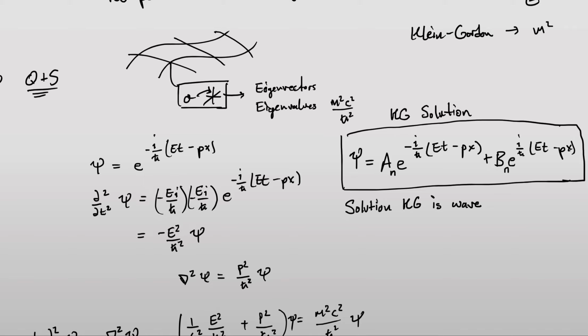Now that wave can have different frequencies, and it can have different amplitudes. So this is a solution to the Klein Gordon equation, for example. This could be a solution to the Klein Gordon equation. We have a higher frequency wave. This could be a solution.